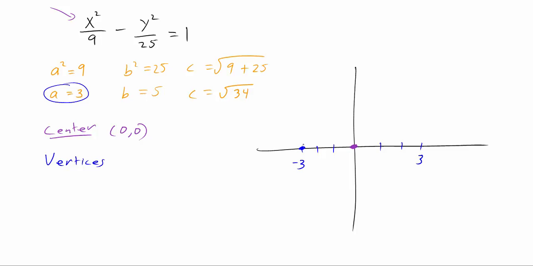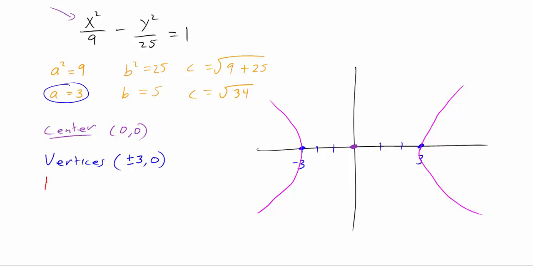Because we're moving strictly left and right, we're looking at the X value. So X could be a positive or negative 3, and the Y is going to remain 0 because it's on the X axis. That tells us it's going to open something like this for the hyperbola.